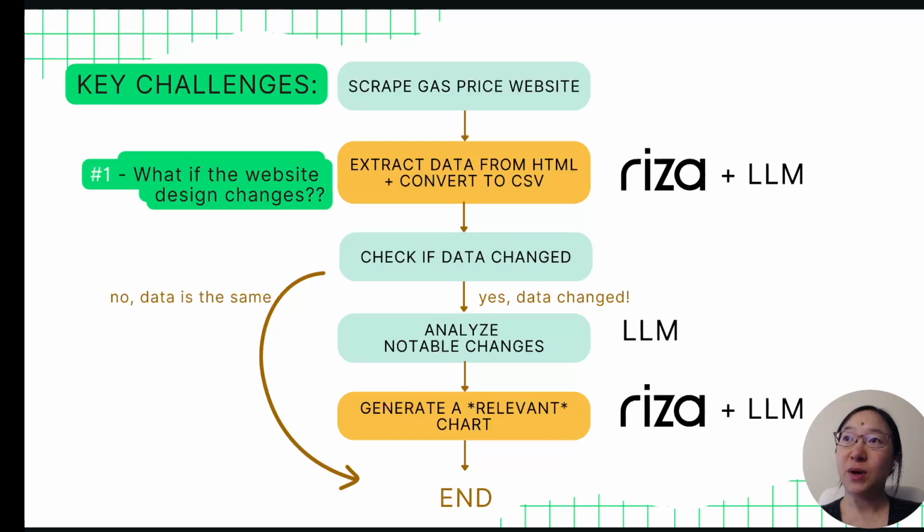All of these changes might be things that you don't necessarily need to adapt to yourself if you're using Riza and generating code for an LLM to run. You could bypass that and make your workflow much more reliable. So you're going to see that in this guide.